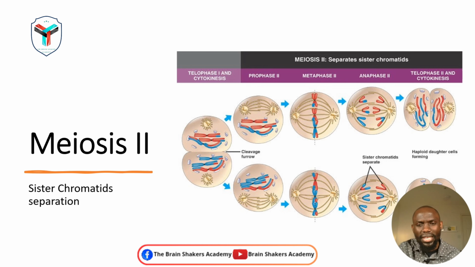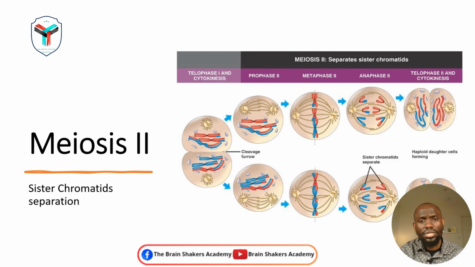Now, without copying their DNA material, these two cells will also undergo a series of cell divisions in order to produce two cells each. So they will undergo similar processes, which are prophase, metaphase, anaphase, and telophase. Now, these processes are similar to the processes that happen in the cell division known as mitosis.